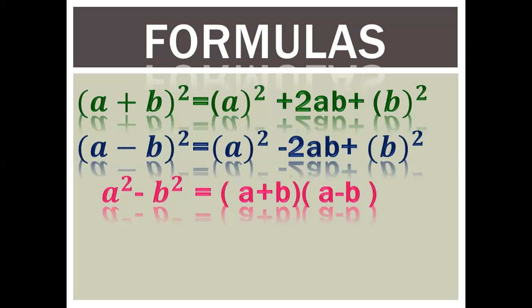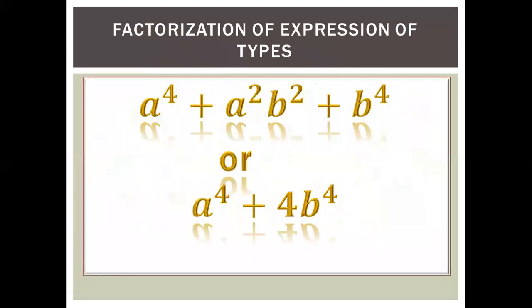Question number 1 is factorization. You see on the screen, I already showed you the formulas: a plus b whole square is a square plus 2ab plus b square, and a minus b whole square is a square minus 2ab plus b square, and a square minus b square is equal to a plus b into a minus b.